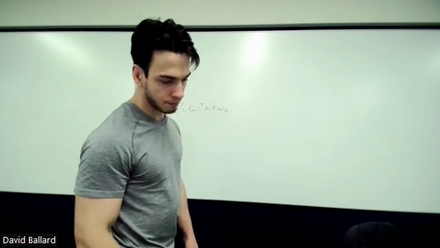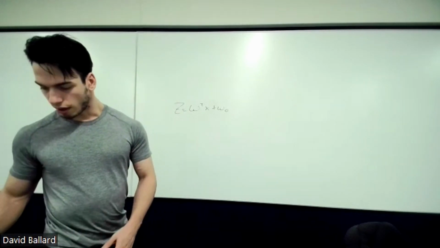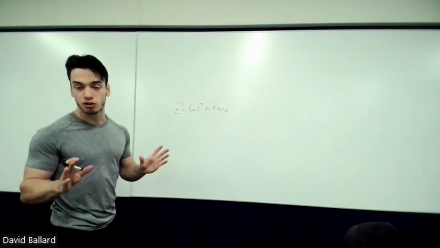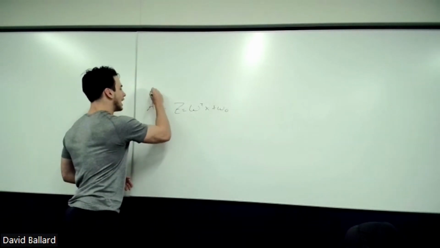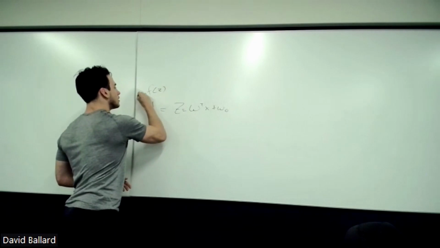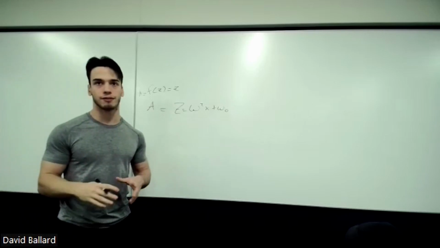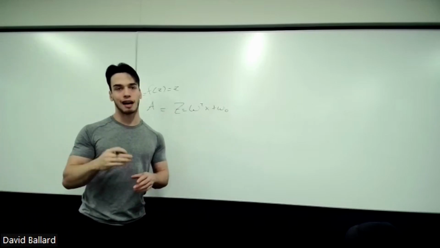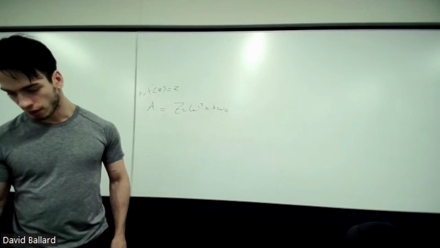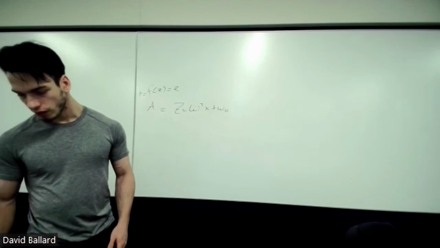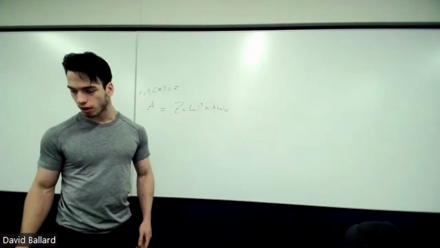Now let's assume F of Z is Z. That would also mean your activation is Z. So the output of your layer, after your activation function, is simply the pre-activation.